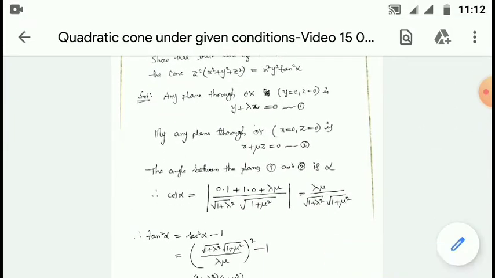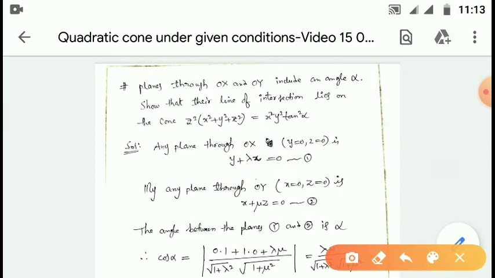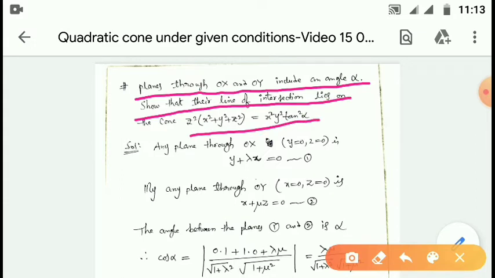So what we have to prove here? Planes passing through OX and OY include an angle alpha, show that the line of intersection lies on the cone. Actually we find the plane passing through OX and the plane passing through OY, using the concept that the angle between these two planes is alpha.